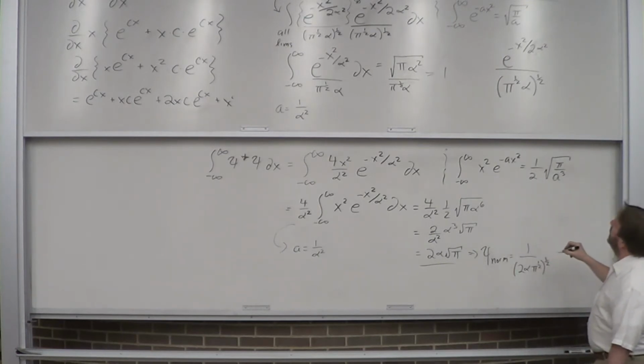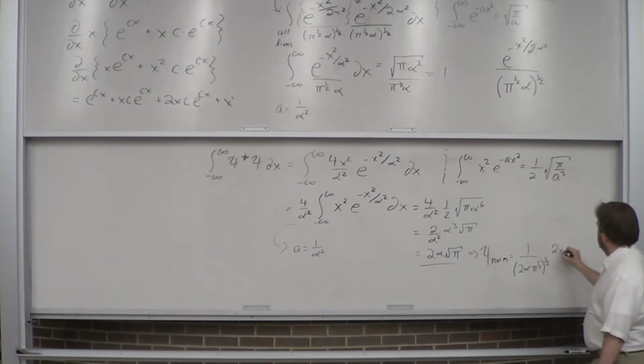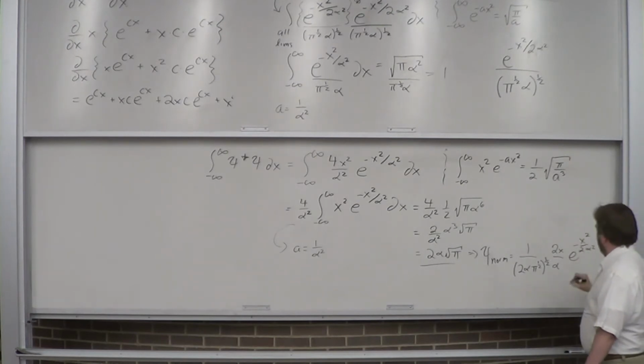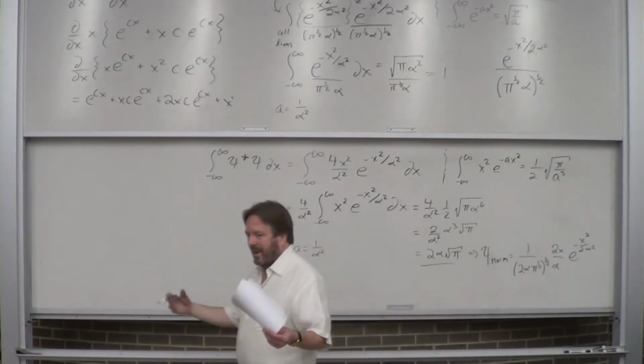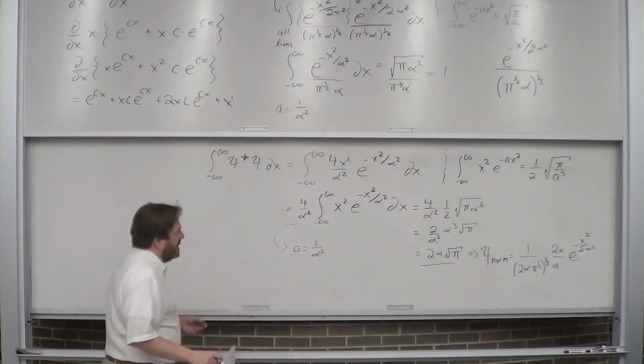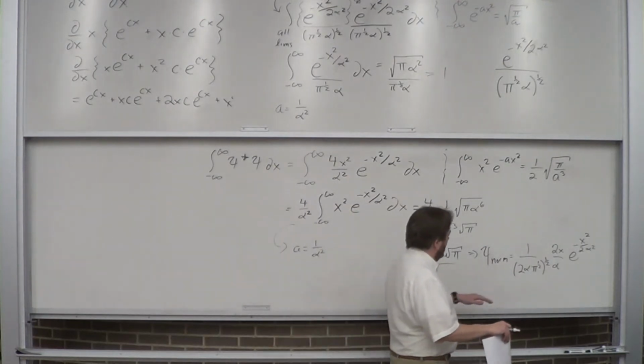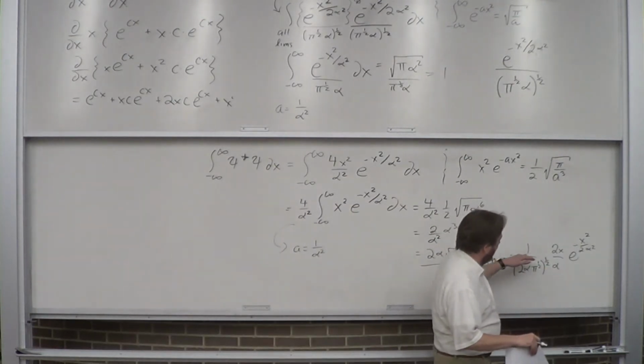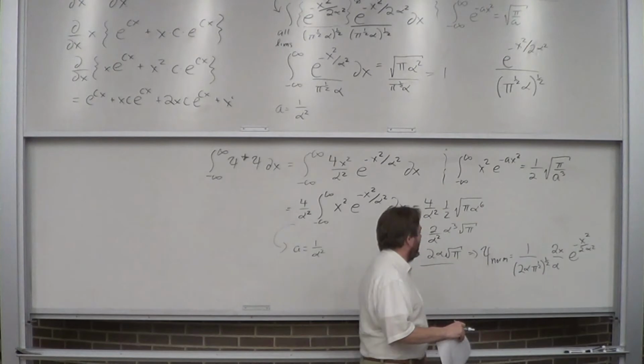And then write down 2x over alpha, e to the minus x squared over, and I'm just writing all this down again, so there you go. All right, again, just another example. It's kind of hard to see what's what. Anyway, a little messy, sorry.